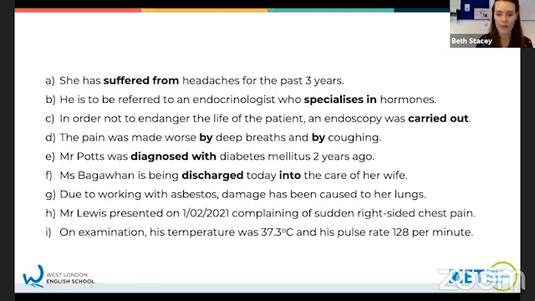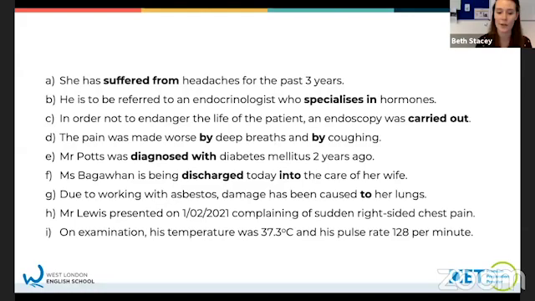Now, with this and discharged into, it is quite common. You'll see it in a lot of the sample letters. And the time that this will be most used is obviously going to be a discharge letter. So it's quite nice language here to use if you're writing a discharge letter and the person is being discharged into someone else's care.